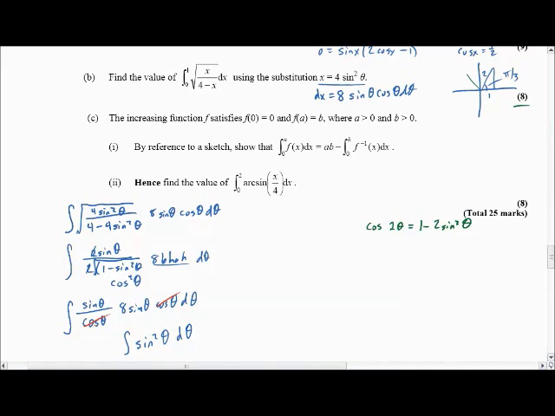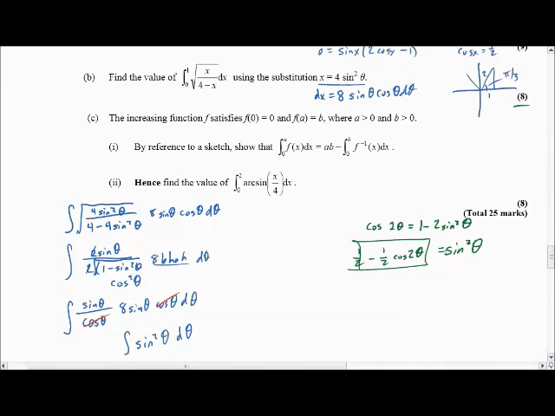And so in this case, we can rearrange it. We add the 1, we divide by negative 2, subtract the 1. So we're going to end up with 1/2 minus, when I divide by negative 2, that's going to be a negative 1/2 cosine of 2 theta. And so I can just put that in for sine squared.